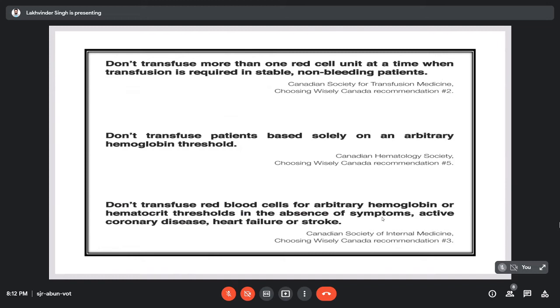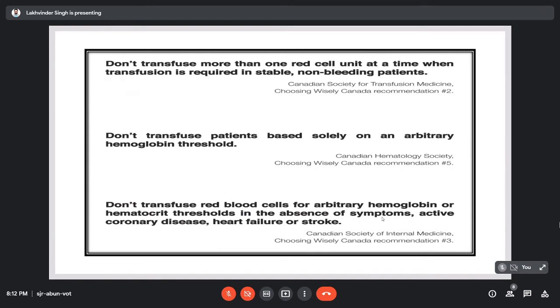There may be a sample taken after transfusion of lots of normal saline, then the hemoglobin would be falsely low. So again, we have to judge the patient not just on the basis of an arbitrary hemoglobin threshold. That's why I said these standards are not a substitute for your physician judgment.